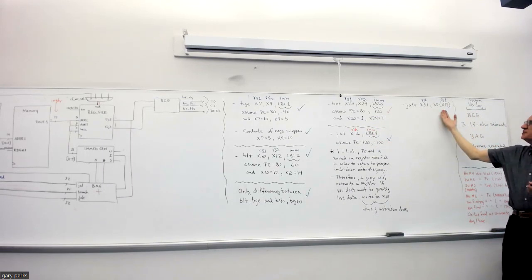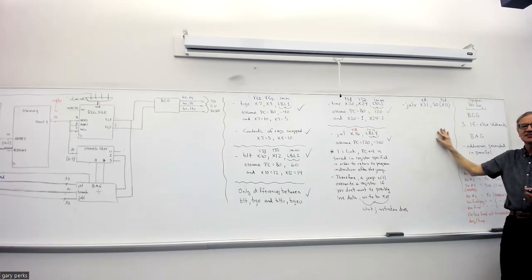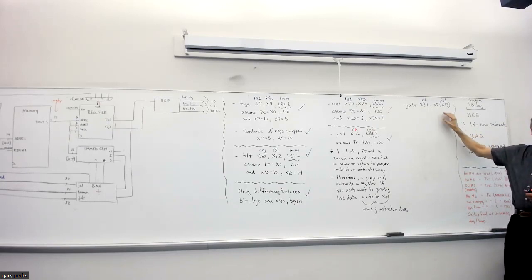Now, you've seen something like this in a previous instruction, not a jump instruction, but a different instruction earlier in the class. Remember seeing a number in front of something in parentheses? Remember what instruction? Like a store or a load. Right? And with a load or a store instruction, you take this number, you add it to what's inside the register, and then you use it as an address.